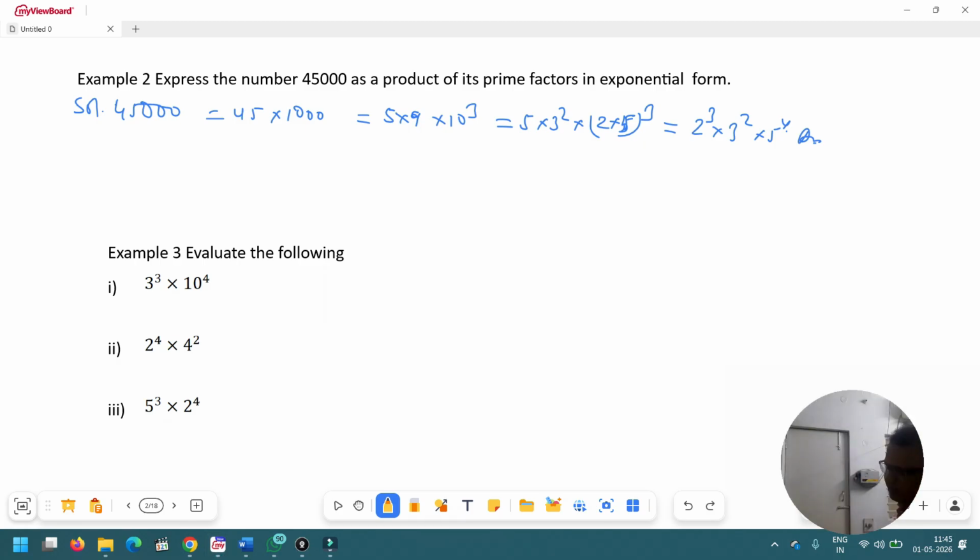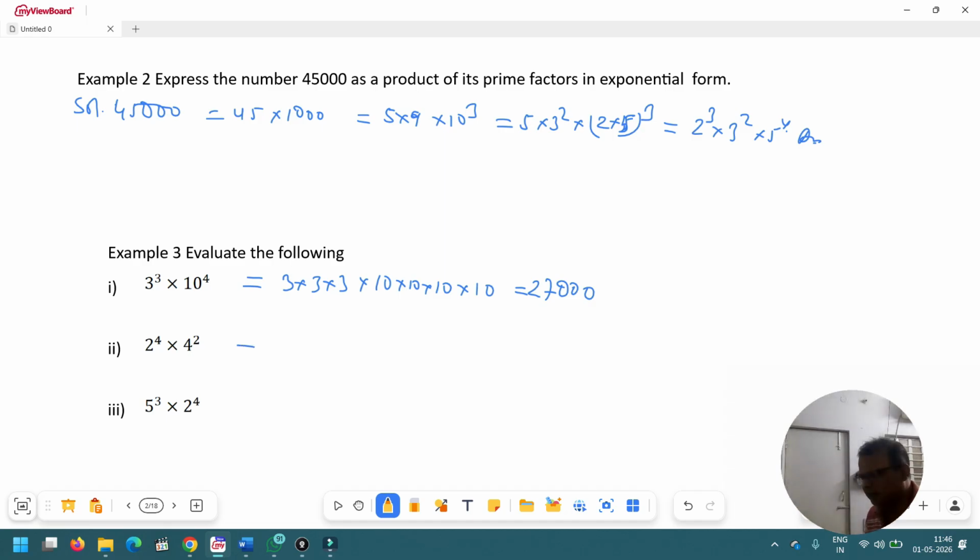Consider the next example. Evaluate the following. First, 3 to the power 3 into 10 to the power 4. We have to convert it from exponential form to normal form. That is equal to 3 into 3 into 3 into 10 into 10 into 10 into 10. 3 threes are 9, 3 nines are 27, and then 4 zeros.